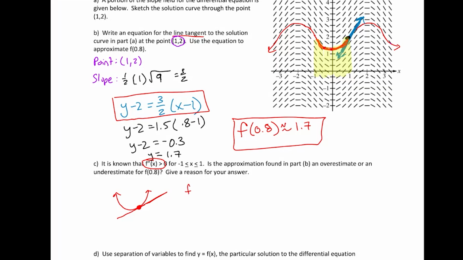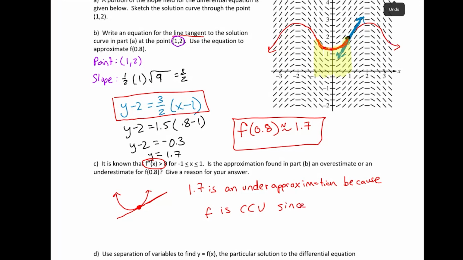So, let's say it like this: 1.7 is an under approximation because f is concave up, since f double prime is positive. And that's about it. That's really all you need to say.